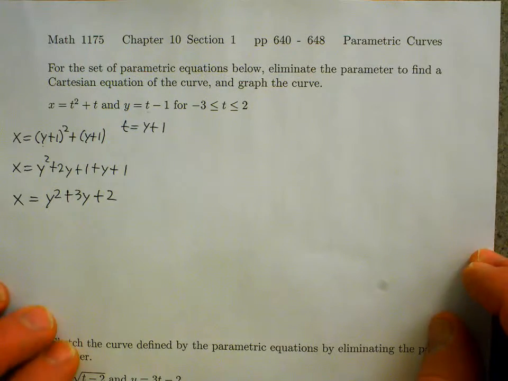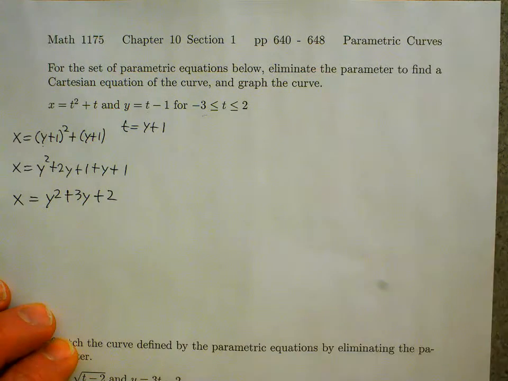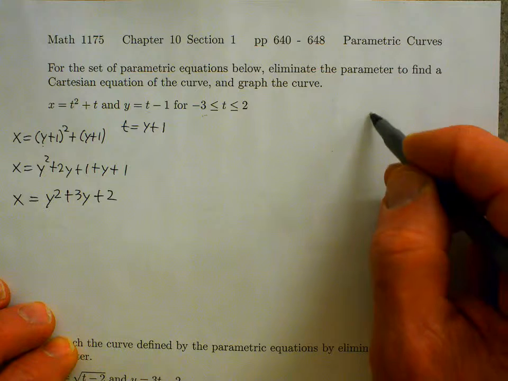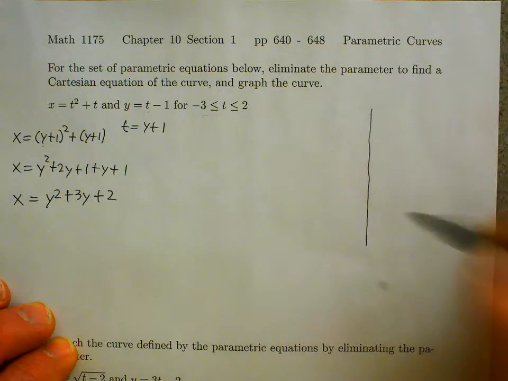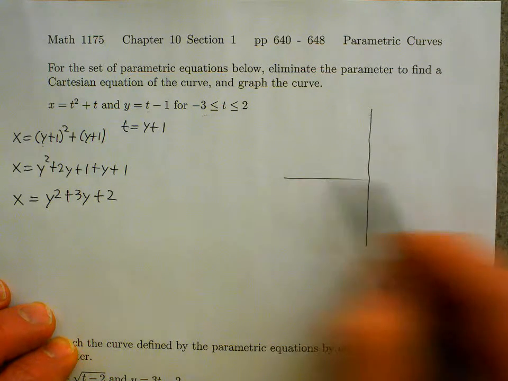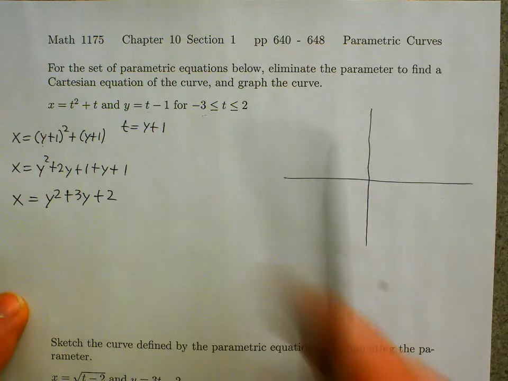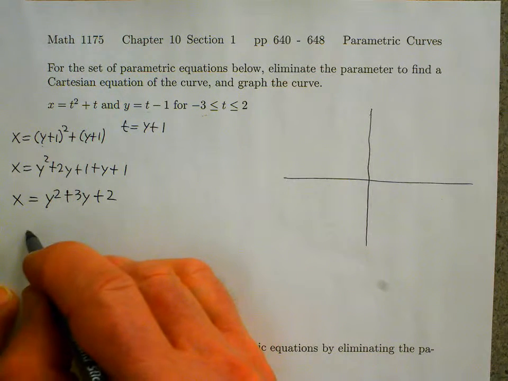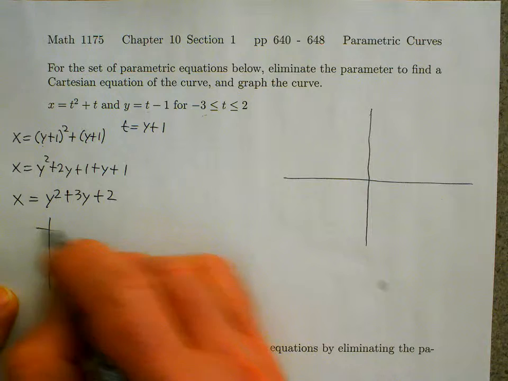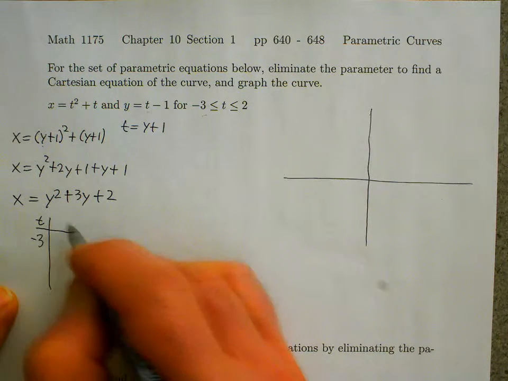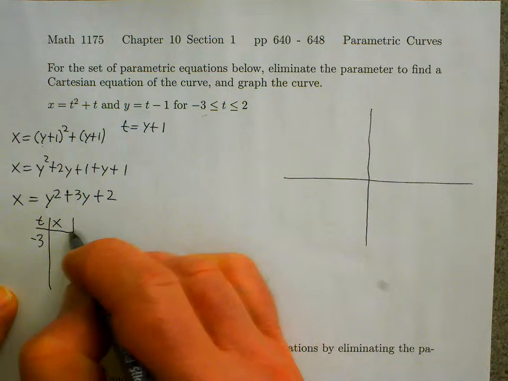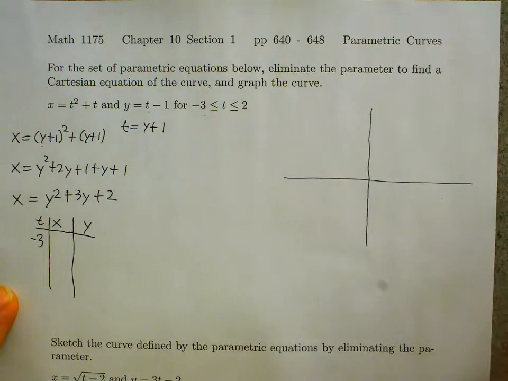Okay, since our t values are restricted, we'll want to find the initial point and the terminal point. So when t is -3, let's find the x coordinate and the y coordinate.